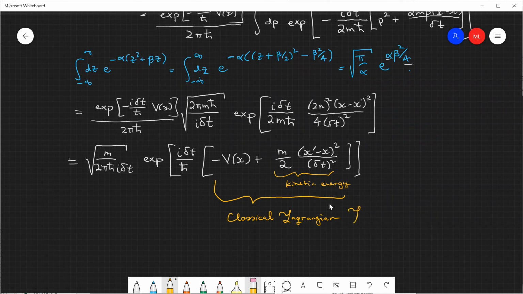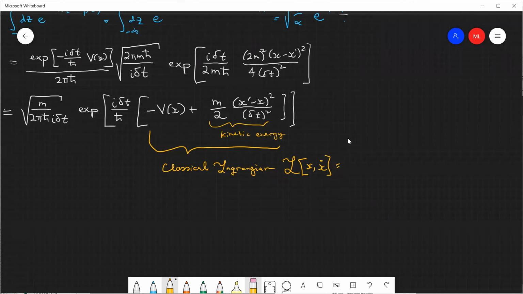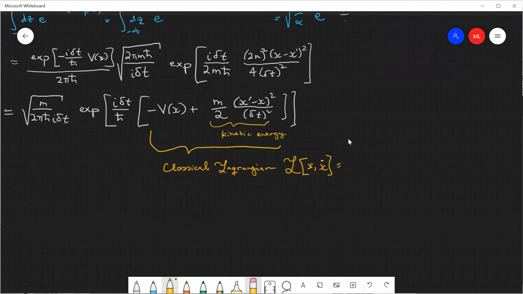So it's the classical Lagrangian, and of course it depends on the position and the velocity, and the general form of it for the kinds of problems we'll be worried about mostly is just 1/2 m x dot squared, the time derivative squared, minus the potential.